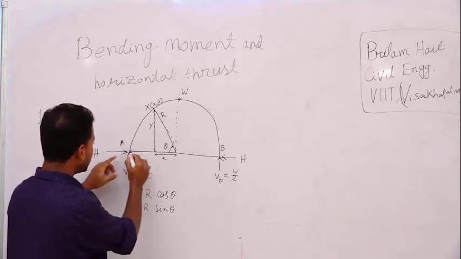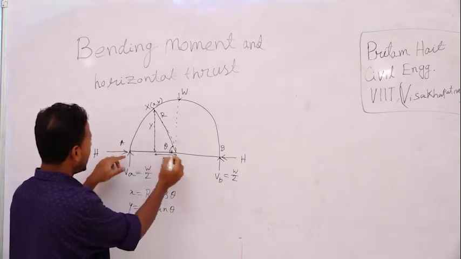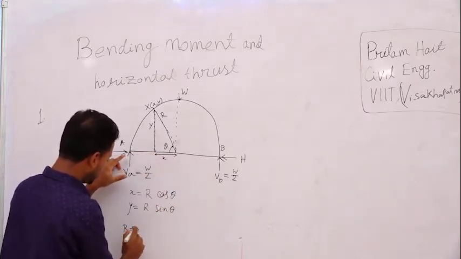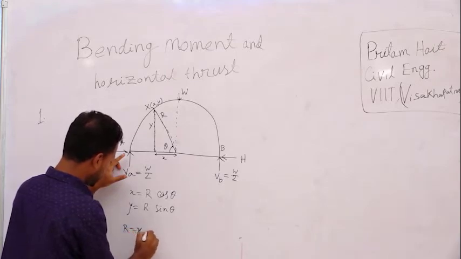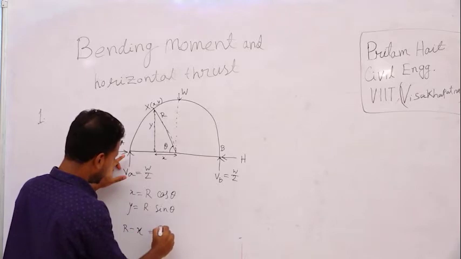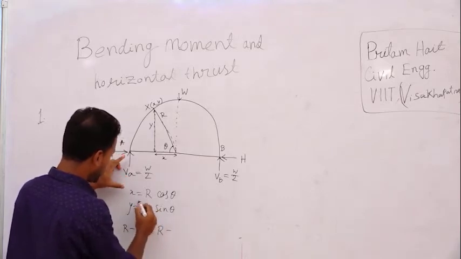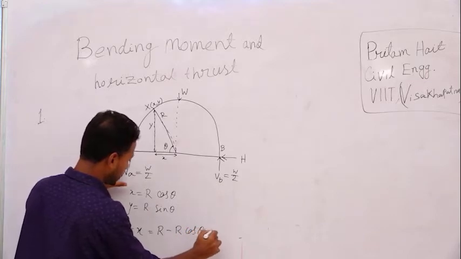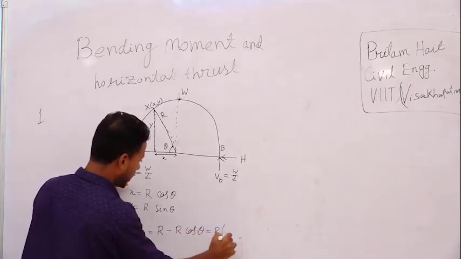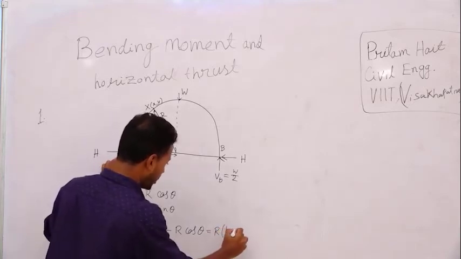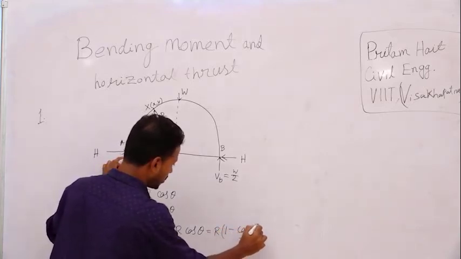From this point to this point will be r minus x, that means r minus r cos theta. If I take r as common, you will have r into 1 minus cos theta.